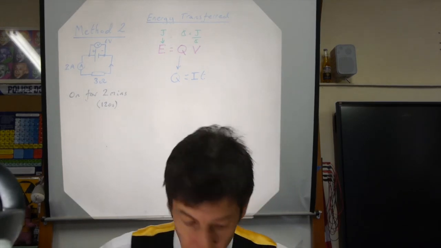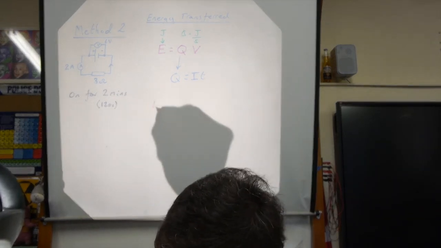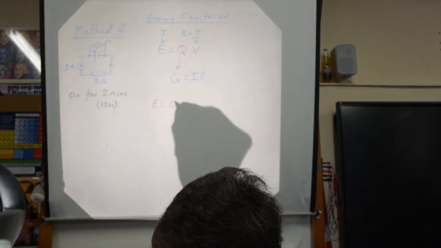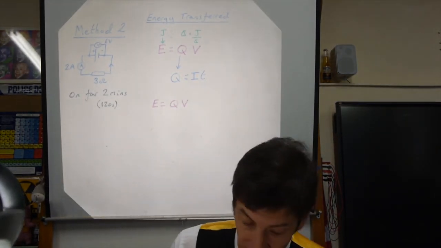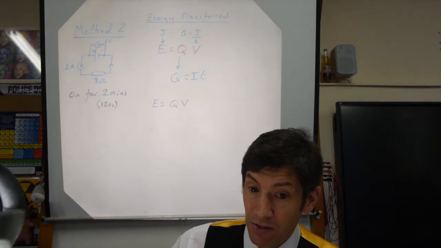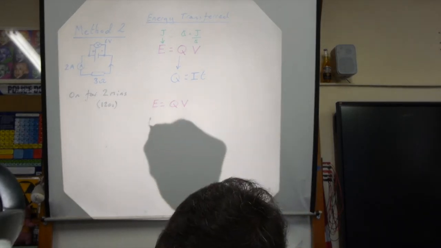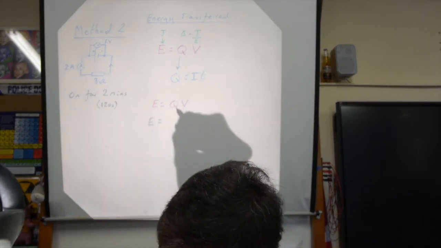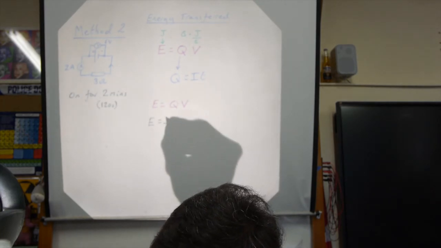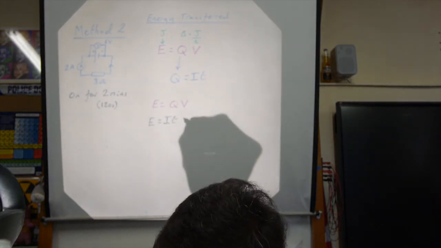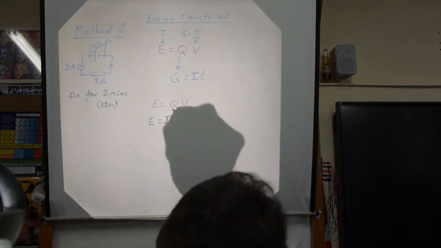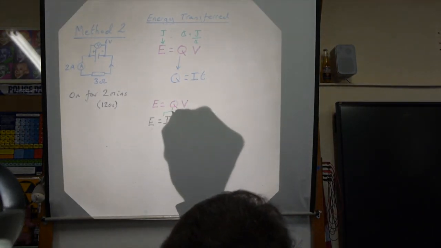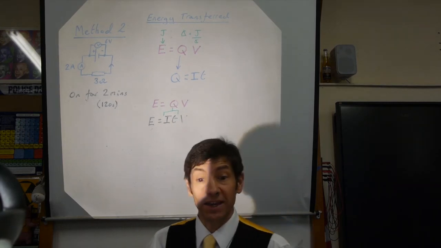Okay, so we've got E equals QV. We can then remember that in our case, E is equal to, well, Q was IT, so IT, and then V. And again, I'll just draw in here to remind you that Q is the IT.